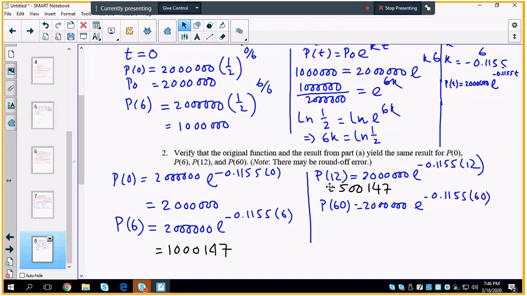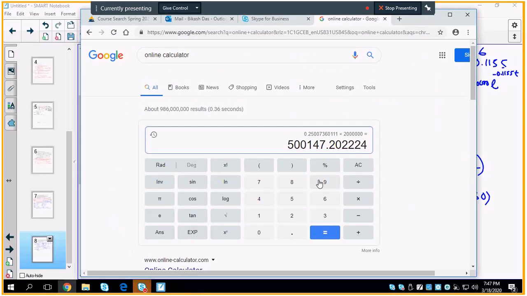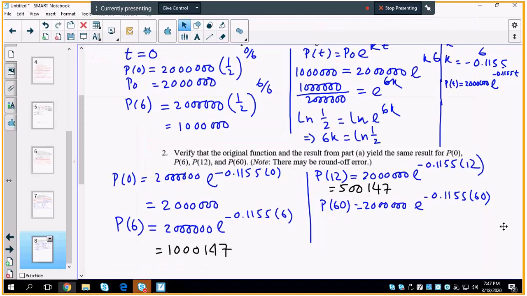And finally, I do it for 60. So minus 0.1155 times 60, e to the power the answer, times 20,100,000, and rounded to the nearest whole number, that's 1956. And that answers my question.